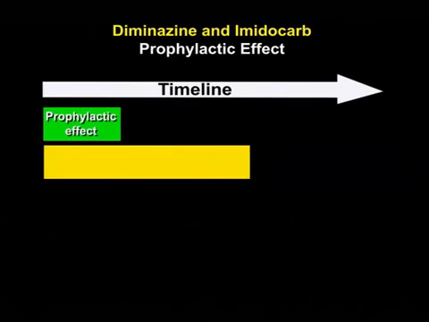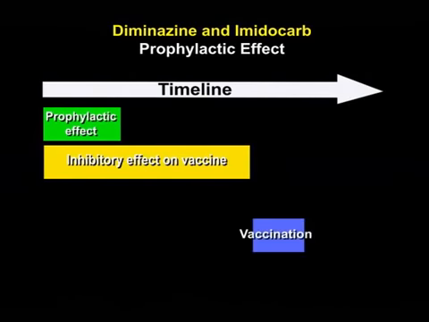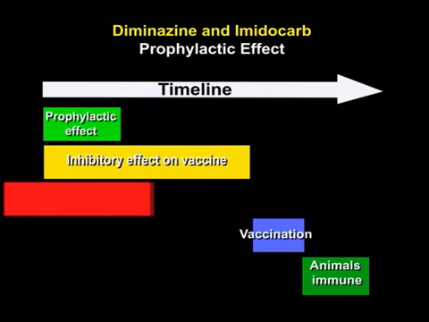Particular attention should be paid to the considerably longer inhibitory effect these drugs have on parasite strains used in the vaccines. Should vaccination be considered as a long-term control option, cognizance should also be taken of the fact that immunity following vaccination may take several weeks to develop.